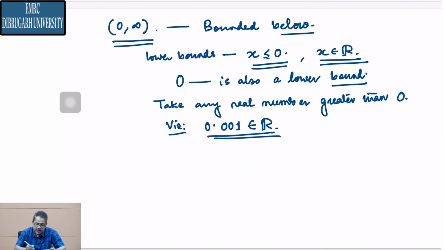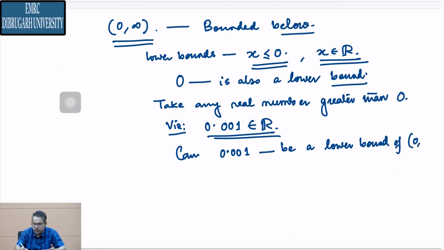Now, the question is, can 0.001 be a lower bound of (0, infinity)?